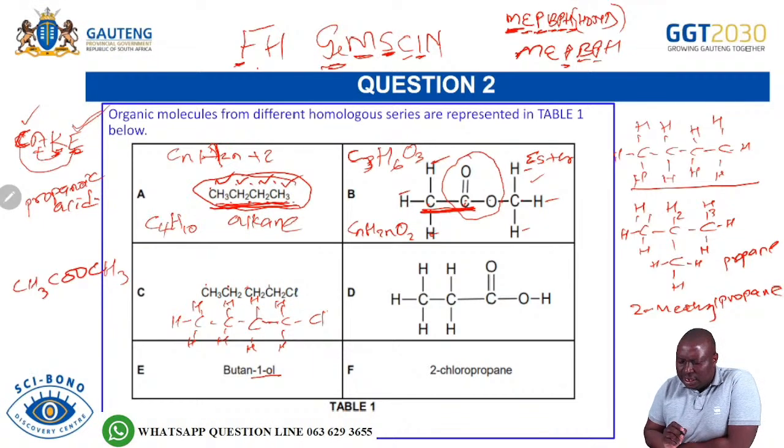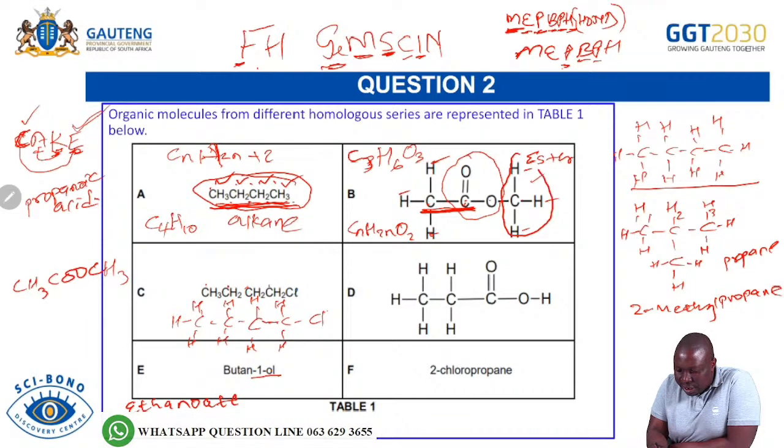So if it's 2 carbons, it's ethane. 2 carbons means ethane. If I can write it for you here. Ethane means 2 carbons, and because here we have a C double bond O, which is an ester, that will be ethanoate. So you know, but we have 1 CH3 here.